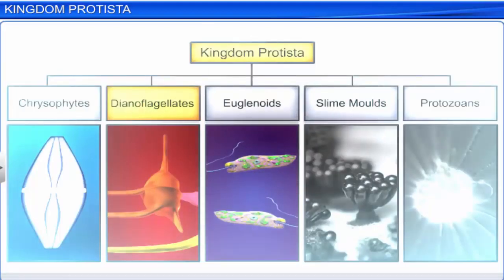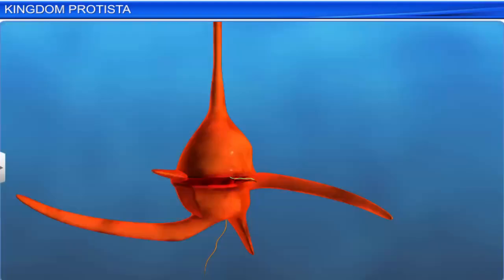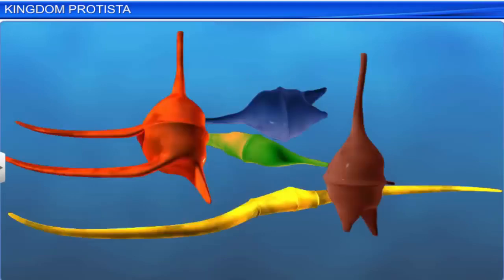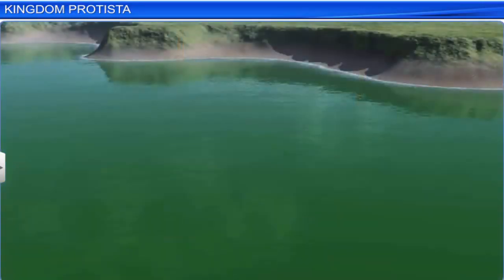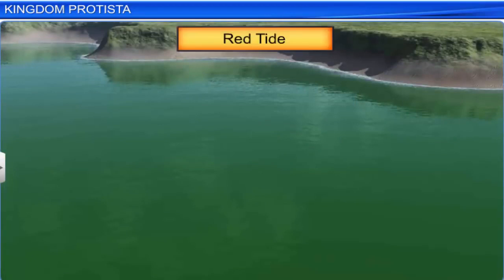Dinoflagellates are colorful protists found both in marine and freshwater. Depending on the main pigments in their cells, they are yellow, green, brown, blue, or red. Sometimes, when a red dinoflagellate multiplies rapidly in the sea, it makes the sea appear red.